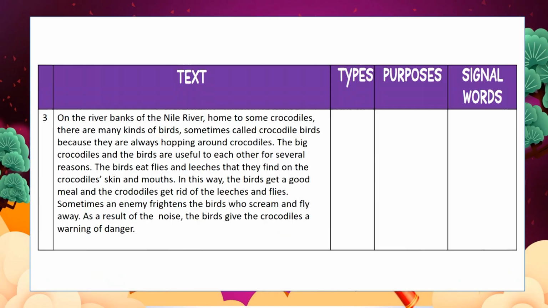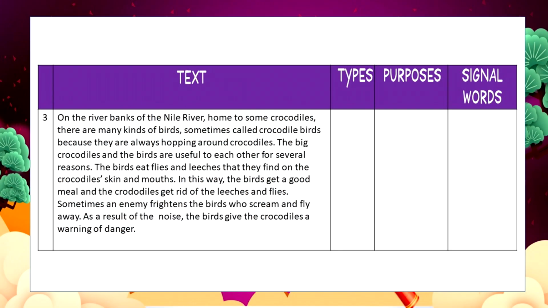Okay, number 3. Let's read. On the riverbanks of the Nile River, home to some crocodiles, there are many kinds of birds, sometimes called crocodile birds, because they are always hopping around crocodiles. The big crocodiles and the birds are useful to each other for several reasons.